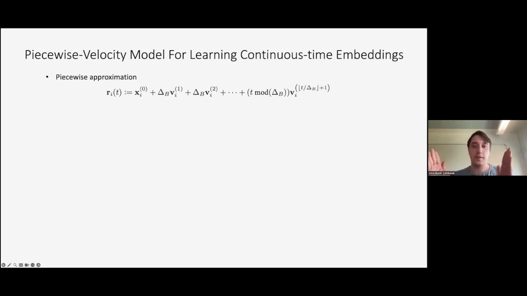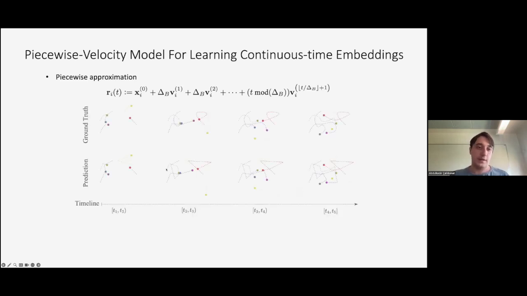That's why, to increase the nodes' flexibility, we divide the timeline into B equal-size bins, and for each bin we introduce an additional velocity vector. Given these velocity vectors and the initial position, we can find the exact location of the node at time t. Here I have an illustrative figure.